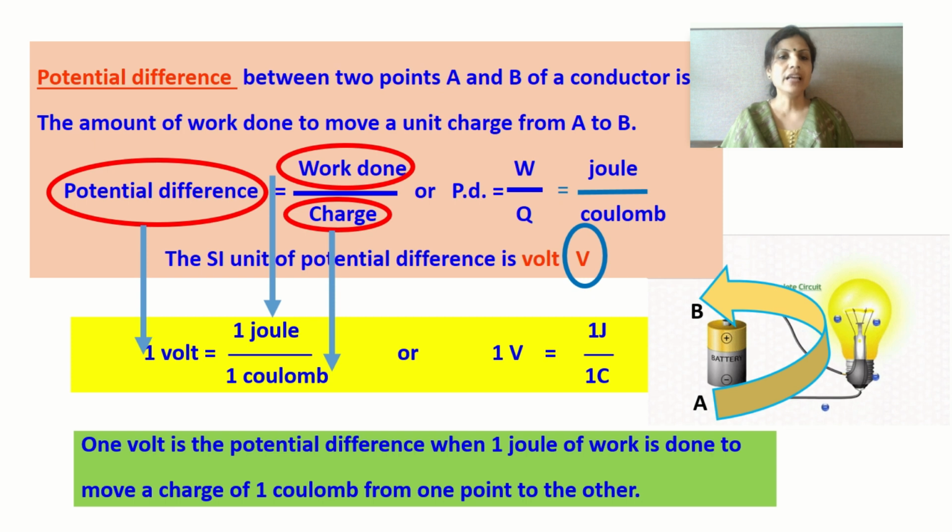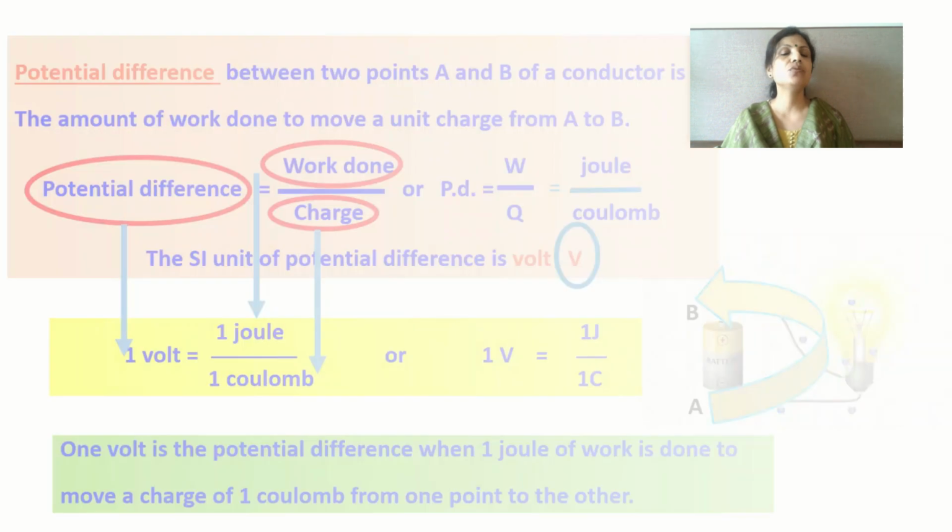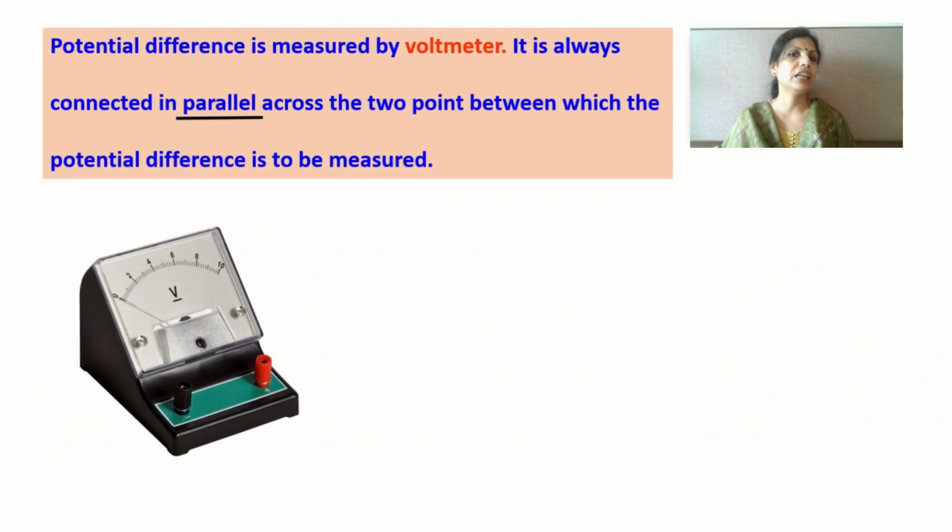Alright, then the next is the device which is used to measure potential difference in an electrical circuit, called a voltmeter. This voltmeter is always connected in parallel across the two ends where the potential difference is to be measured. So this word parallel you have to keep in mind, and I'll explain this in detail in the next part of the video.